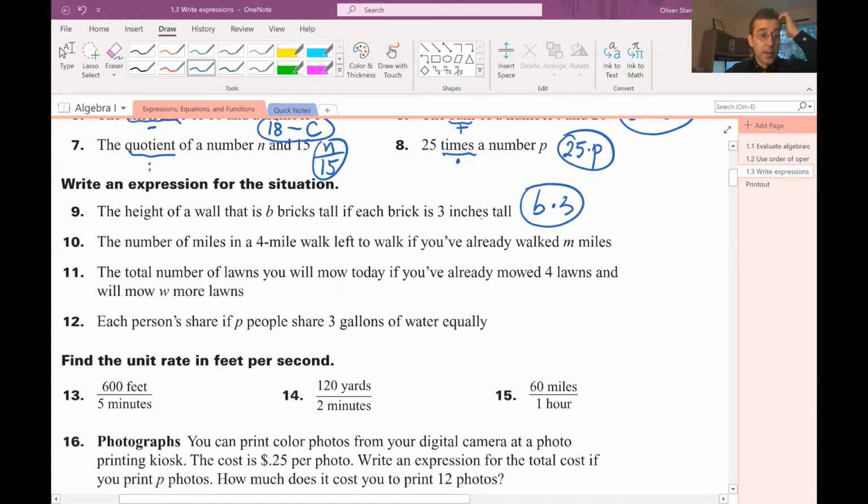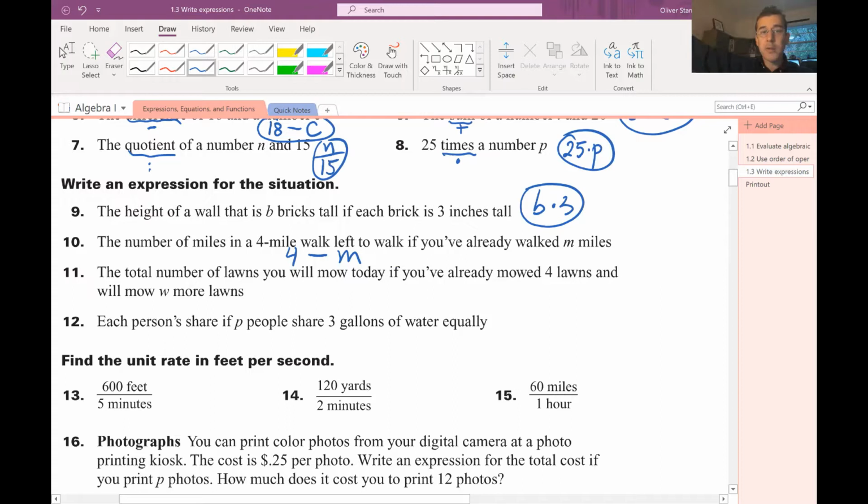Okay. Number 10, the number of miles left to walk in a 4-mile walk if you've already walked m miles. So you've walked m miles, and altogether there are 4 miles. How many is there to walk? So let's say you've just started, so you've walked 1 mile.